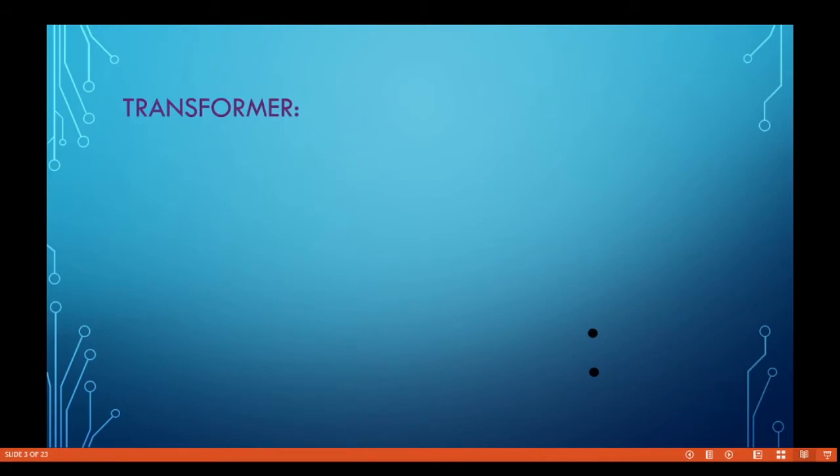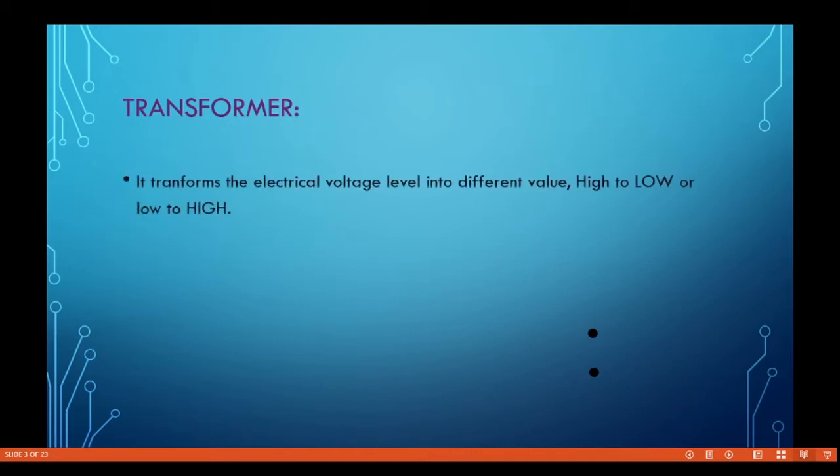Now we'll consider the first block. The first component of this power supply is the transformer, and you all students are already very familiar with its function. It transforms the electrical voltage level into different voltage values.